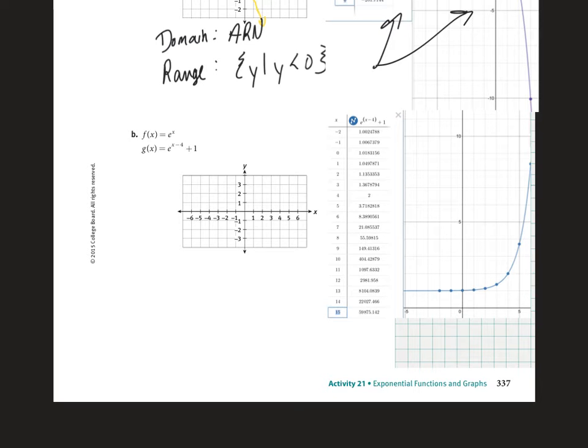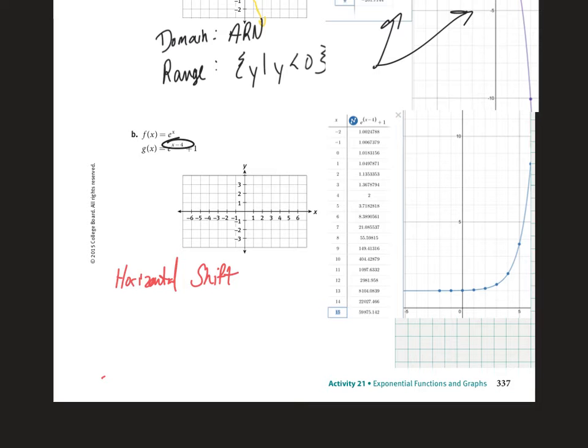Remember, anytime we have movement that's taking place inside of the parentheses, now that is an understood parentheses, of course, it's going to be horizontal. So we have a horizontal movement. And since it's adding or subtracting, remember adding and subtracting are shifts. So this is a horizontal shift. And horizontals always have an inverse behavior.